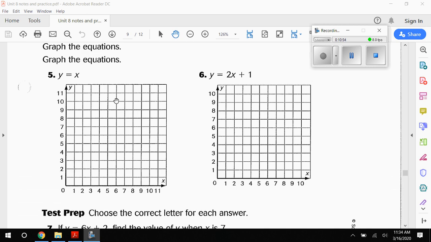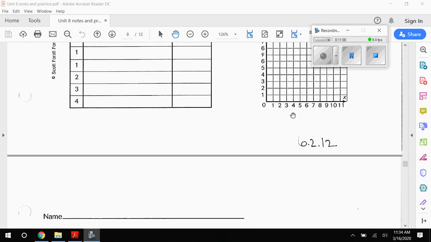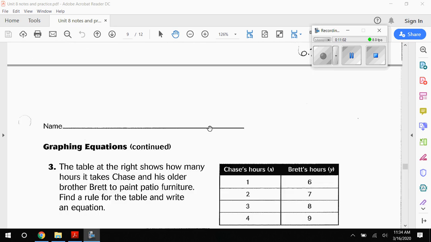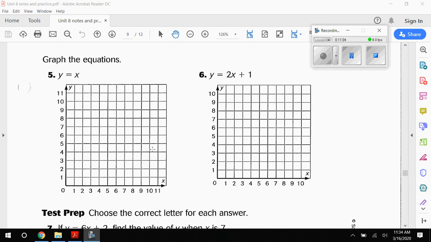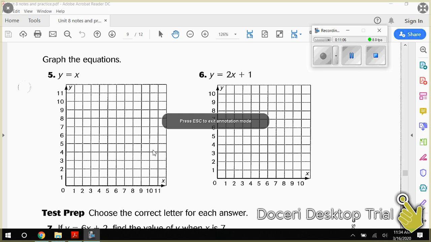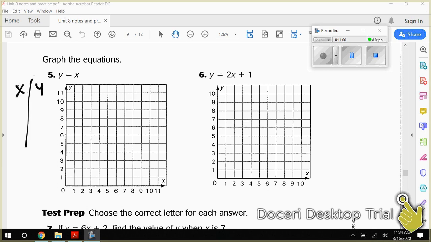Take a look at them. Again, number 5 and 6, don't forget to make a table. Get your values, right? Up here, they gave us the tables. All right, so here you need to make your own table. Again, that's really easy to do. Just making a simple X, Y table. Really pretty simple. You just go ahead and do the X, Y table.